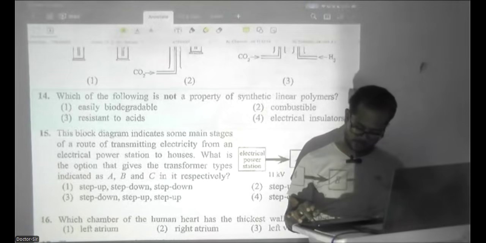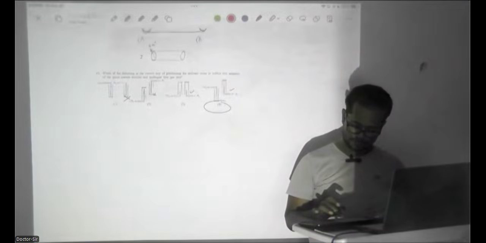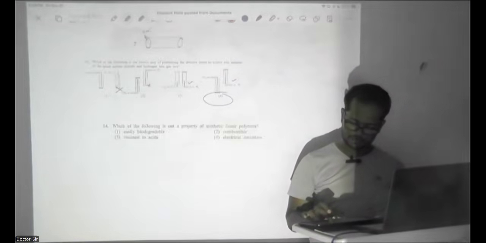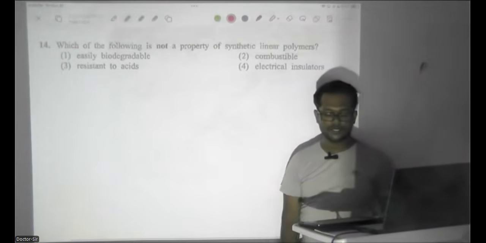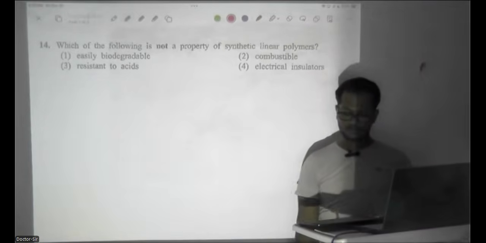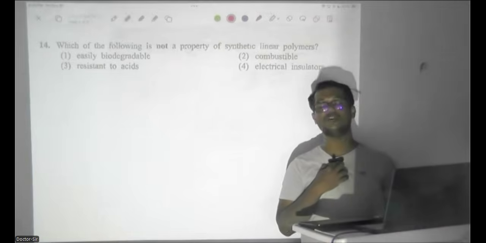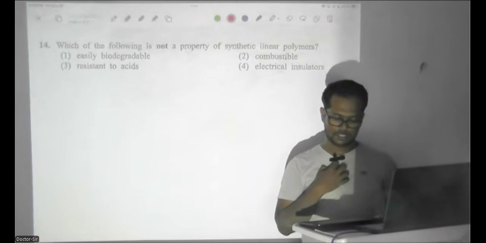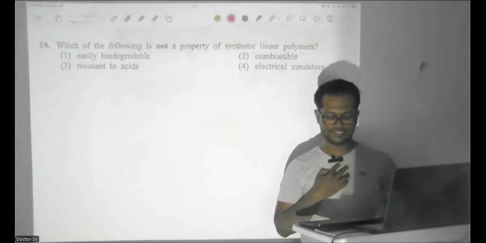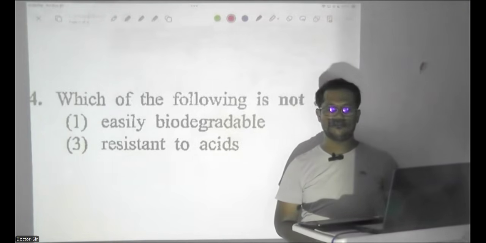Then I will move on to question number 14 as well. This is about your polymers. They ask about the synthetic linear polymer. What are the properties? Easily biodegrade?